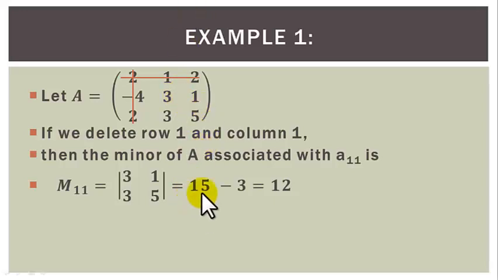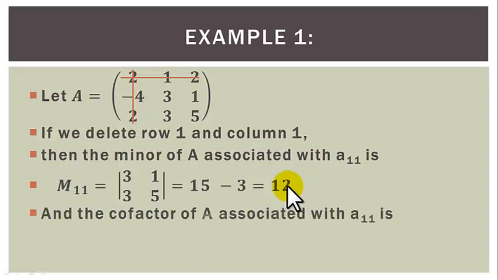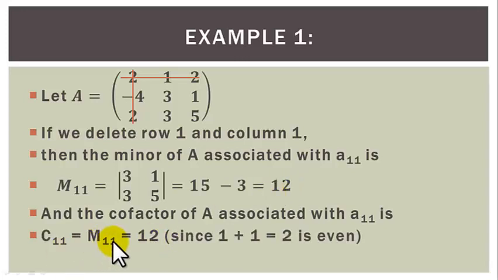And that determinant will give us 15 minus 3, which is equal to 12. And the cofactor of A associated with A11 is C11. And C11 is equal to M11, since 1 plus 1 is even.